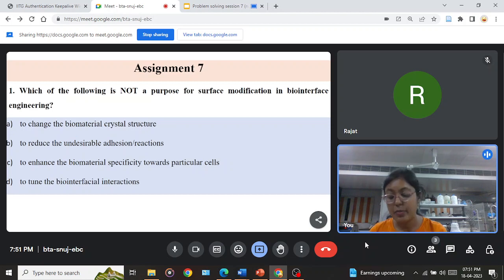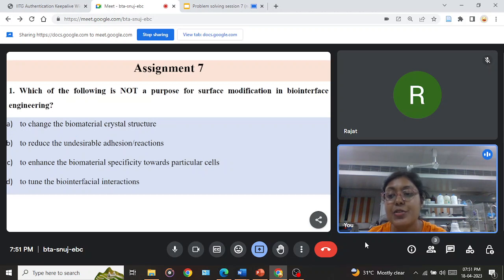When a biomaterial is implanted into the body, we want it to function properly. So sometimes we want the biomaterial to be specific for a particular cell, and for that purpose we modify the surface of the biomaterial so that there is an enhancement in its specificity towards the particular cells. So option C is a purpose for surface modification, right?